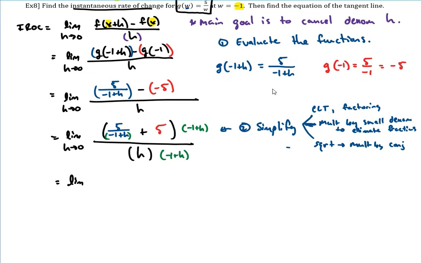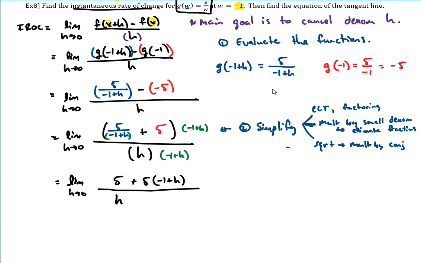So I'd have the limit as h goes to 0 of, when this green expression multiplies this blue expression, the -1 plus h in the numerator would cancel with the denominator, and I'm left with just that 5. And then we have plus 5 times, and this just multiplies the 5. There's nothing it cancels with, so it just multiplies the 5. So it'd be written just like that for now.